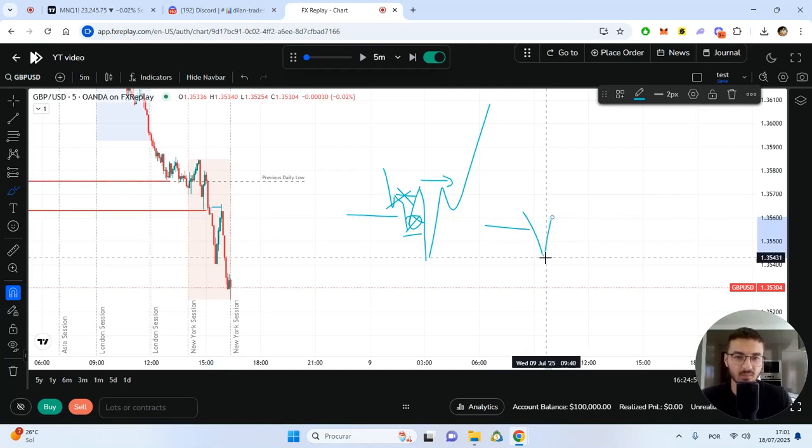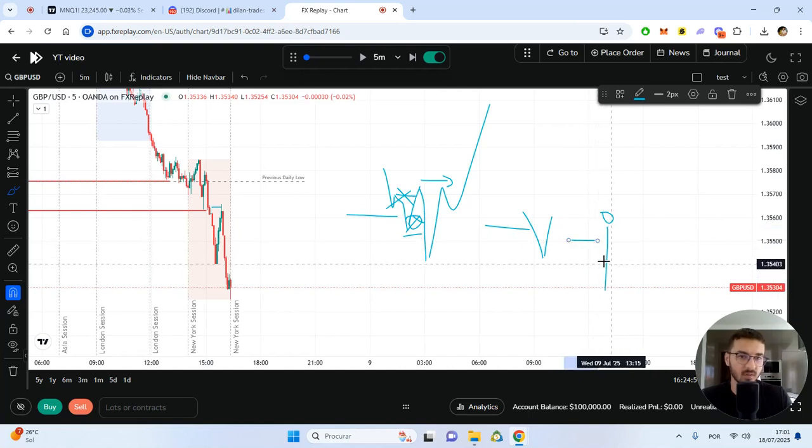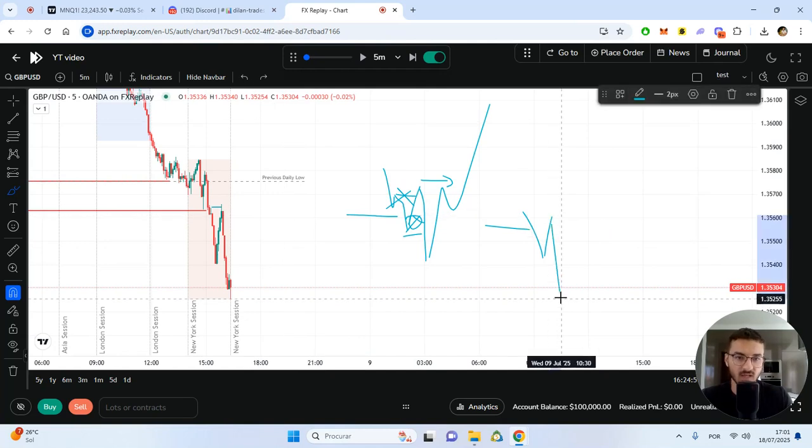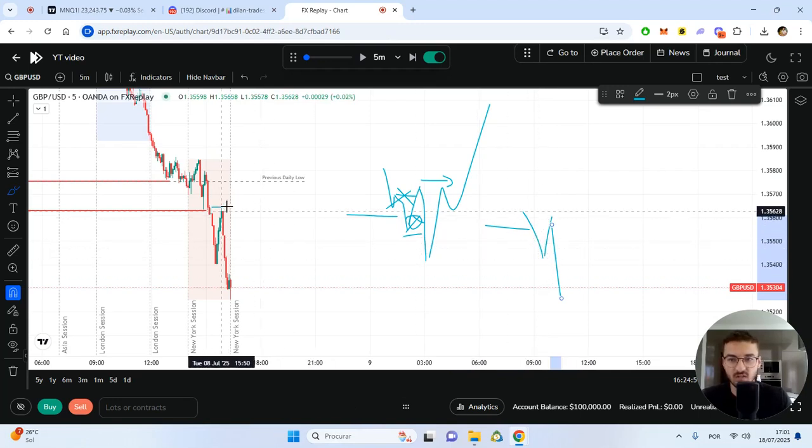You have some run up, giving off a beautiful reaction. Let's say it gives off a beautiful candle with a wick like this as soon as we sweep it, and then we come to sweep it again without much of a need of structure right here. But you can see that people are already anticipating this retracement as we sweep the liquidity and as it's giving off a beautiful reaction, such as this one per se.